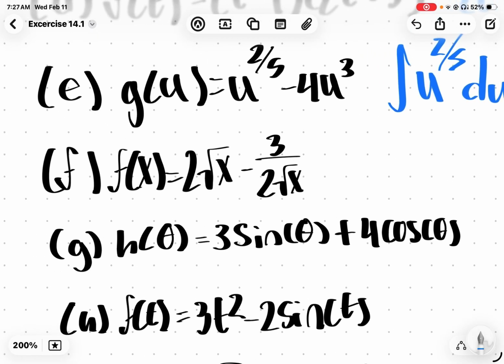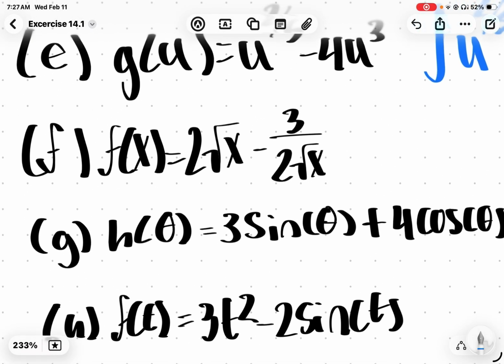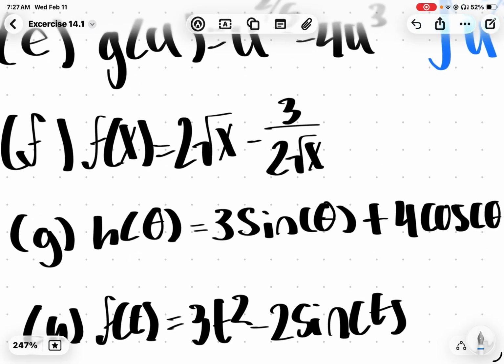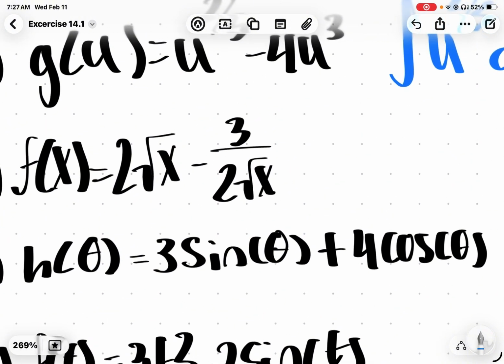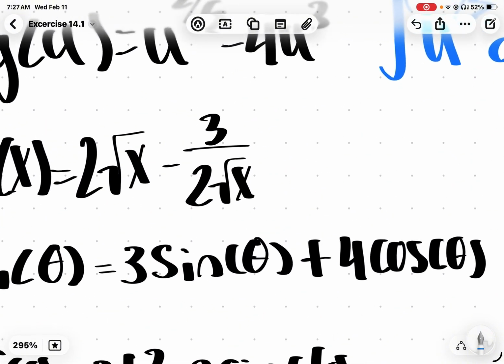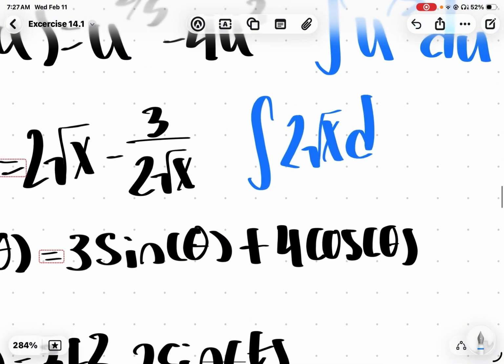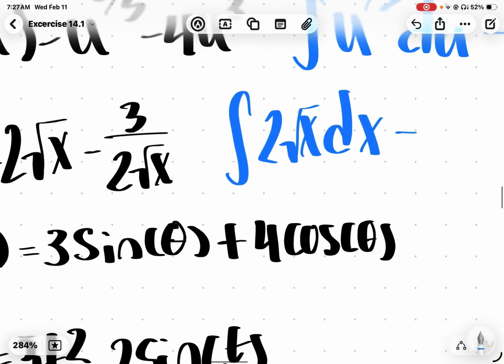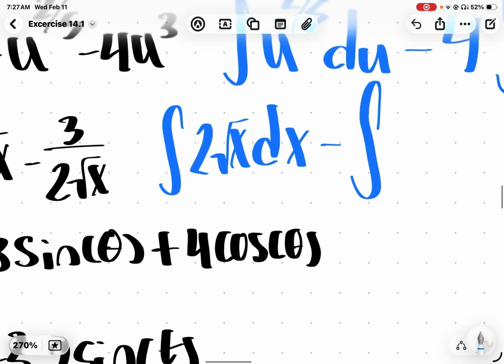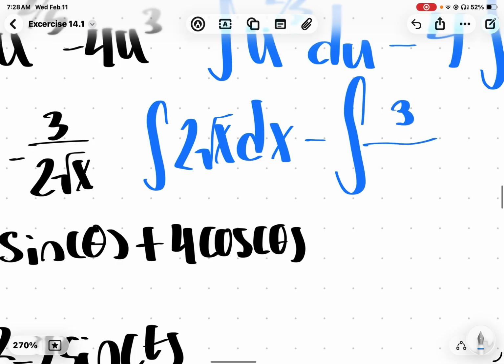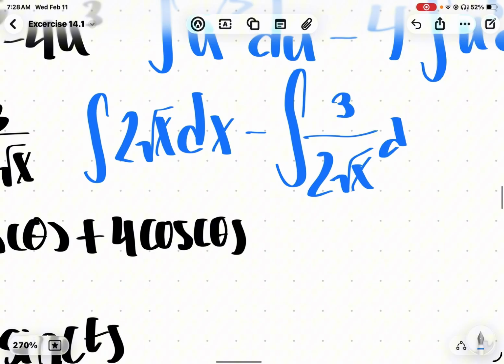Alright, so now for part F, we have f of x equals 2 times the square root of x minus 3 over 2 times the square root of x. So now we'll just take the integral of 2 times the square root of x dx minus the integral of 3 over 2 times the square root of x dx.